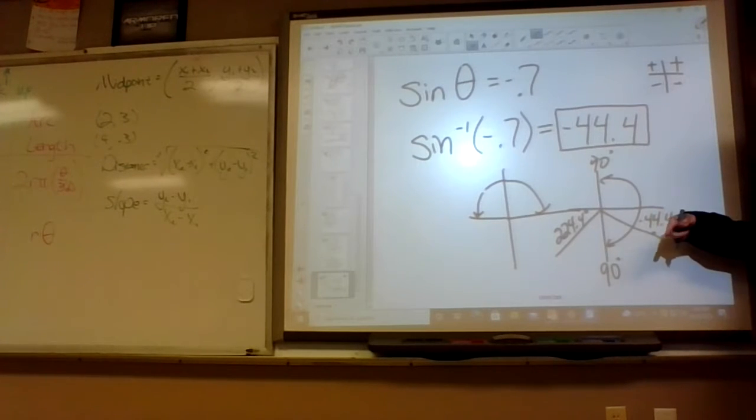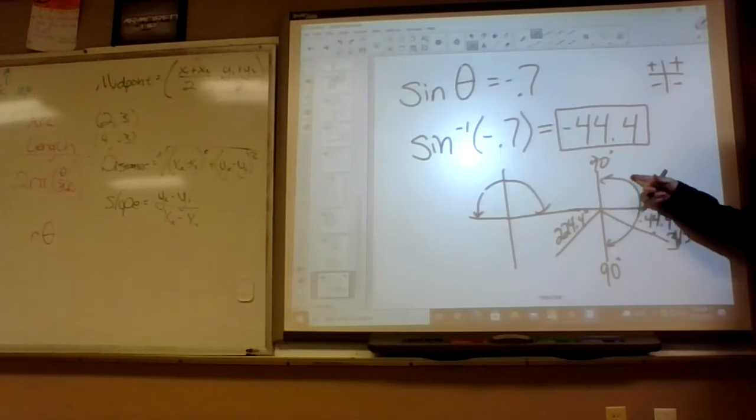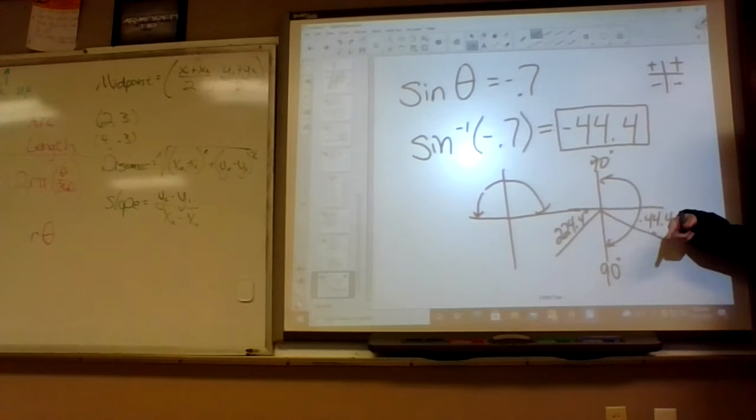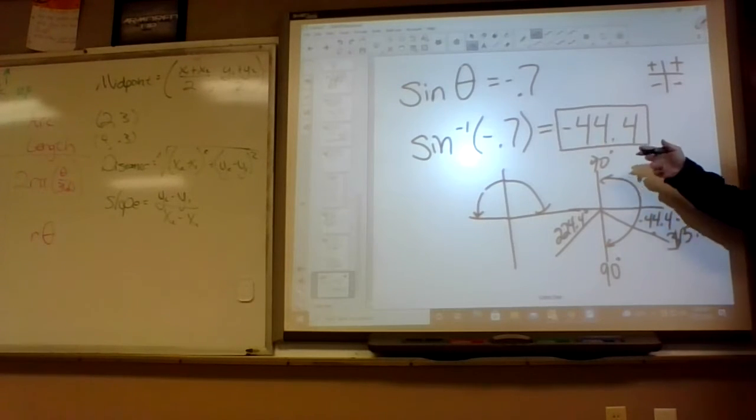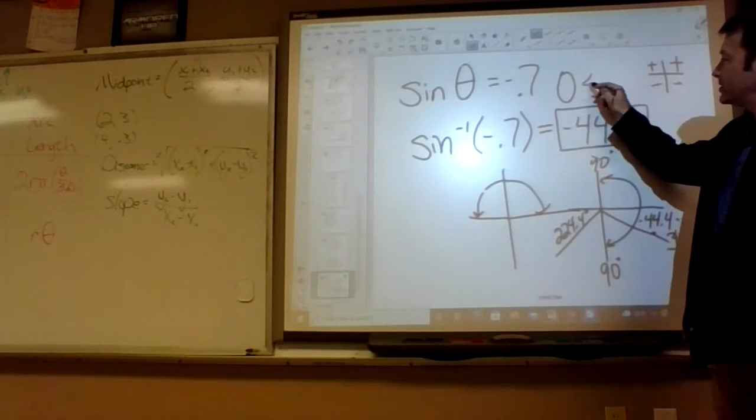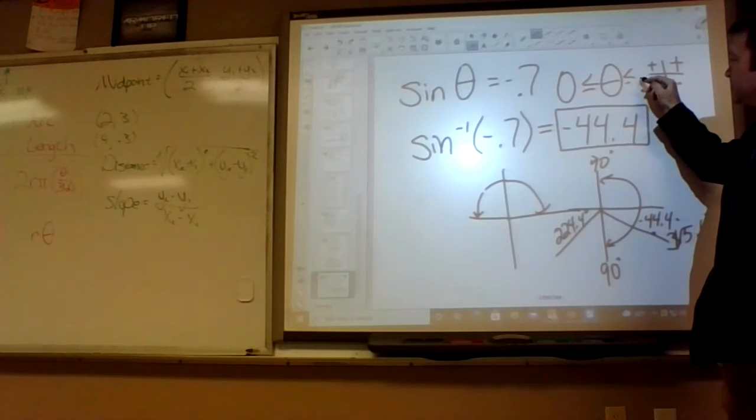If it was positive 44.4, it would have been an answer, because sometimes this will be an answer, but negative 44.4 is not between 0 and 360. Does that make sense? The directions said we need theta between 0 and 360.